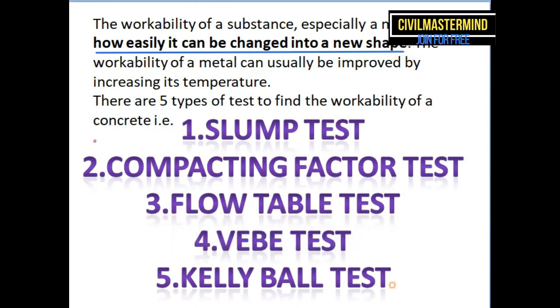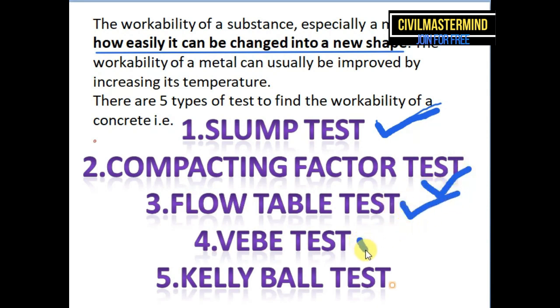Now, what are the tests that can be performed to find the workability of cement concrete? Number one, here we have the slump test. So we are going to discuss it in the next video shortly. Then we have the compaction factor test. Then we have the flow table test.